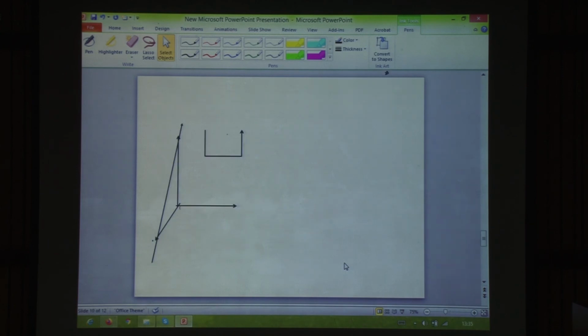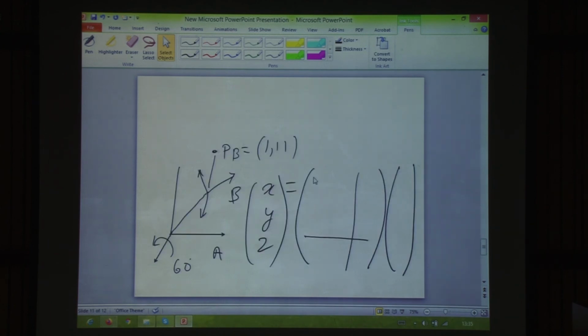So it is cos 60, minus sin 60, 0; sin 60, cos 60, 0; 0, 0, 1. This is the rotation matrix.